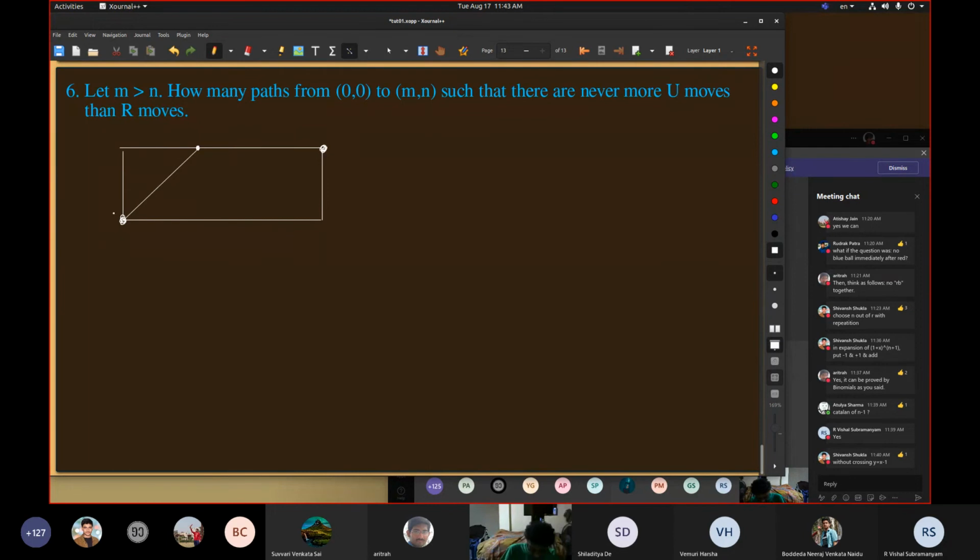Okay, so this is 0, 0. This is m, n. And this is basically n, n. So this region has to be avoided. All the paths will be in this unshaded region.